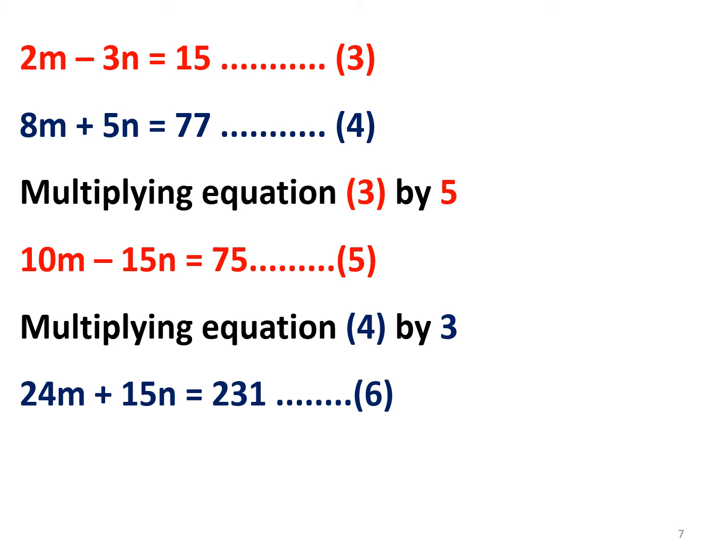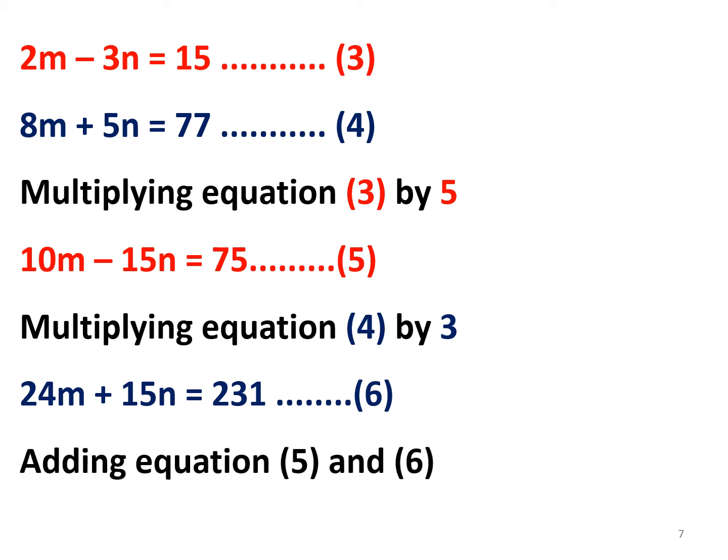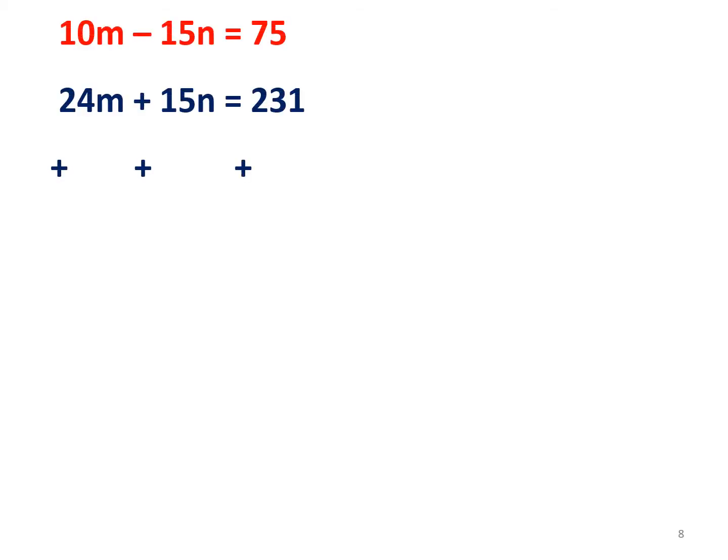Equation 6. Adding equation 5 and 6, I get 10m minus 15n is equal to 75, plus 24m plus 15n is equal to 231.